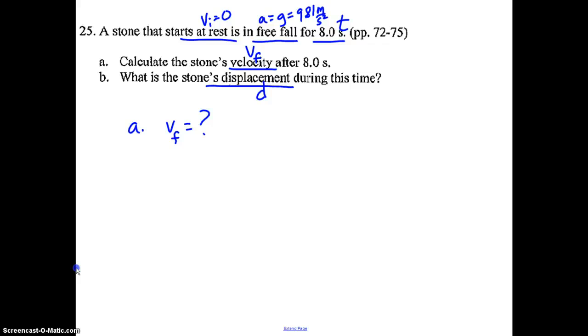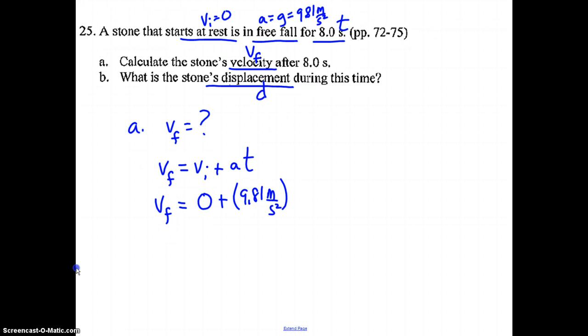It looks like as we inspect the reference table, we should use vբ equals vᵢ plus at. vբ equals vᵢ, which is 0, plus 9.81 meters per second squared, acceleration due to gravity, times the time of 8 seconds. And doing our math, we should end up with a final velocity of 78 meters per second.